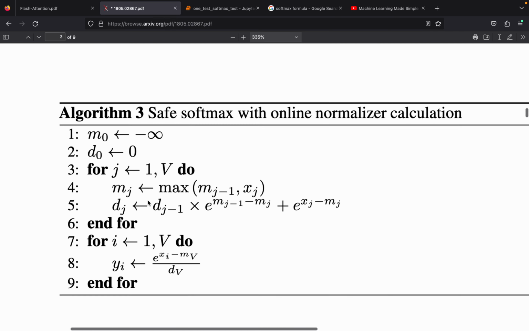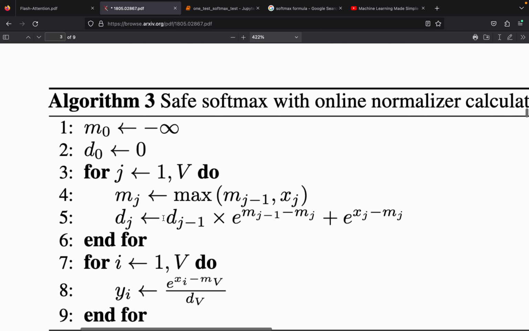That means now we will try to understand this. So the denominator, previously whatever the denominator has been calculated, we are multiplying with the previously calculated max value. That means in this case e of mj minus 1. That means in the previous iteration mj minus 1 was the maximum.